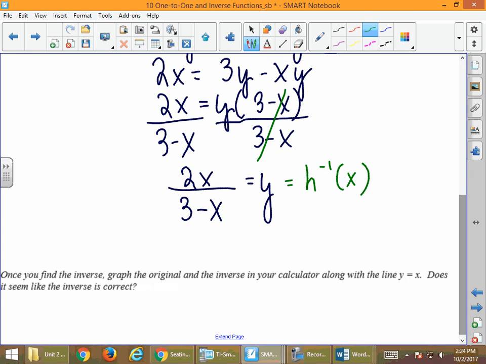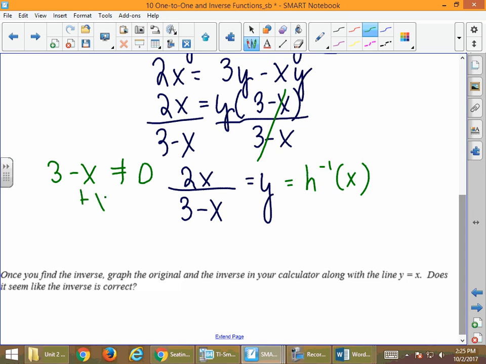To finish this problem, even though I'm running out of time for graphing, what we have to come up with is, what's the domain of the inverse? Well, just like the original problem, what we did is we took the denominator and we set it not equal to 0. We're going to take the denominator, 3 minus x, and we'll set it not equal to 0.